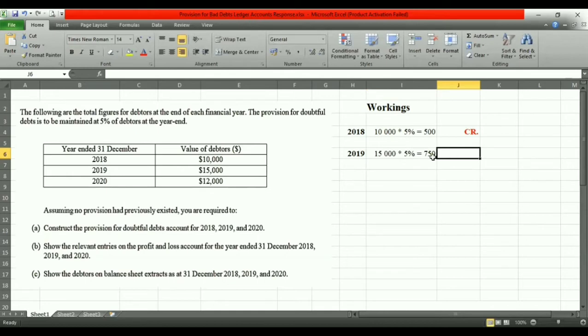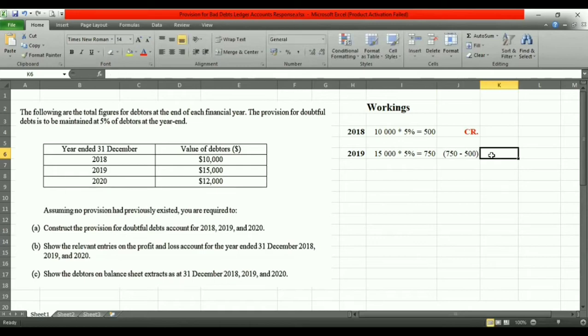Now, in comparing last year with this year's value, we notice that for this year, it is greater than the previous year, so there's an increase. To ascertain the value that it increases by, because that is what we record in our profit and loss account for the provision, you'll find a difference between the 750 and the 500.